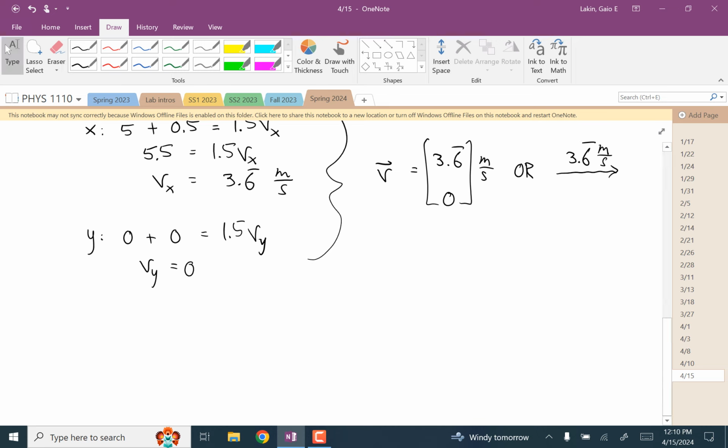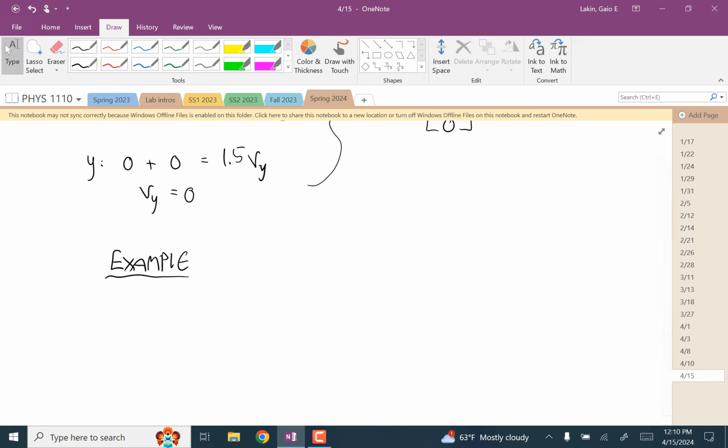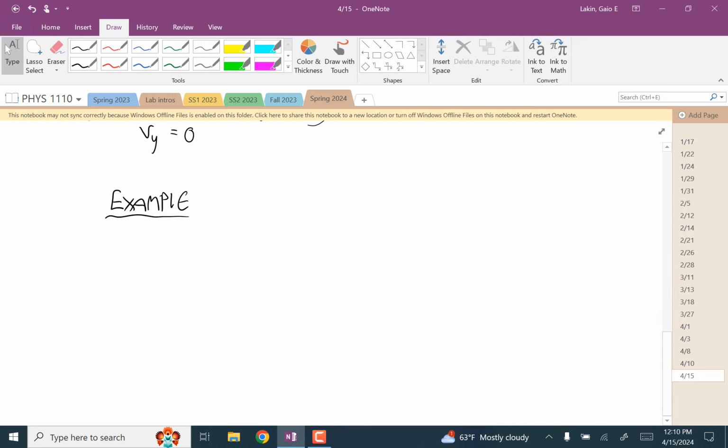Let's do another one. So all of the examples I've done so far, all the motion is in the same direction. Let's do one just so you can see that it doesn't have to be that way. So let's say you have two objects that are moving before the collision. This one is moving this way at 10 meters per second.